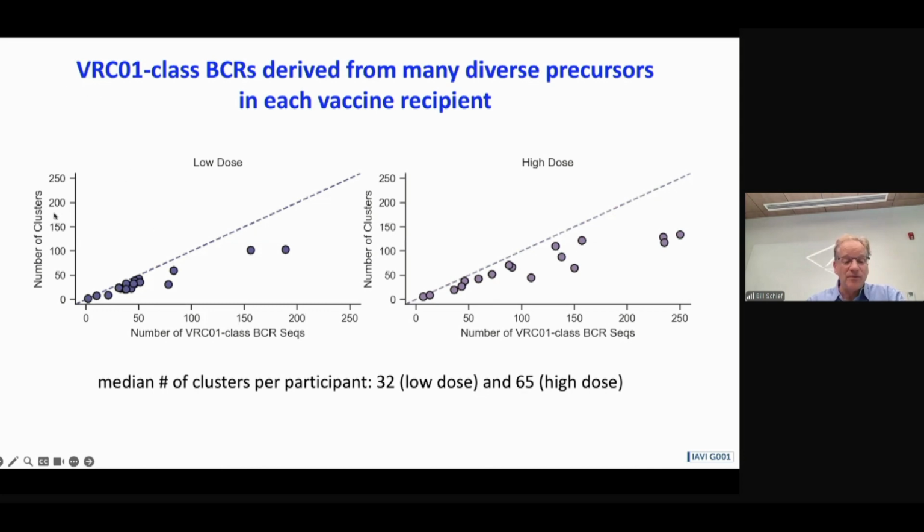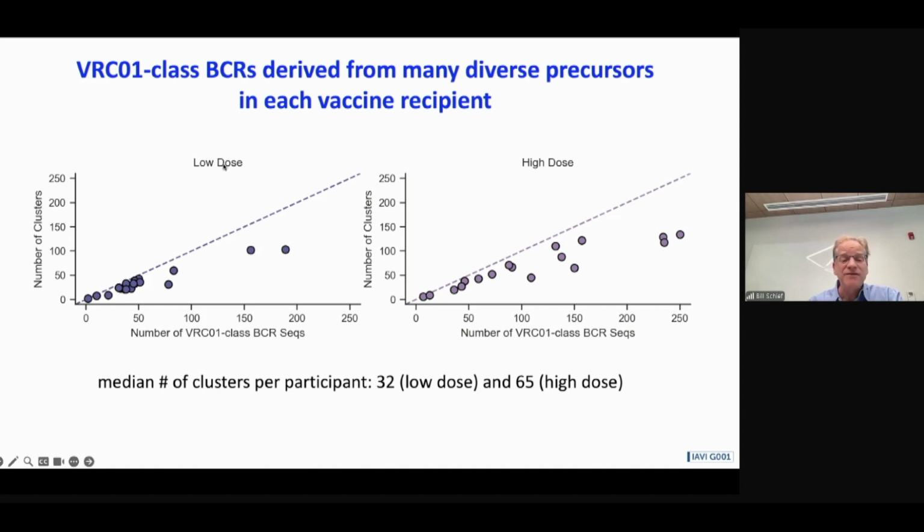Within each cluster, we believe all the sequences should have derived from the same naive precursor.